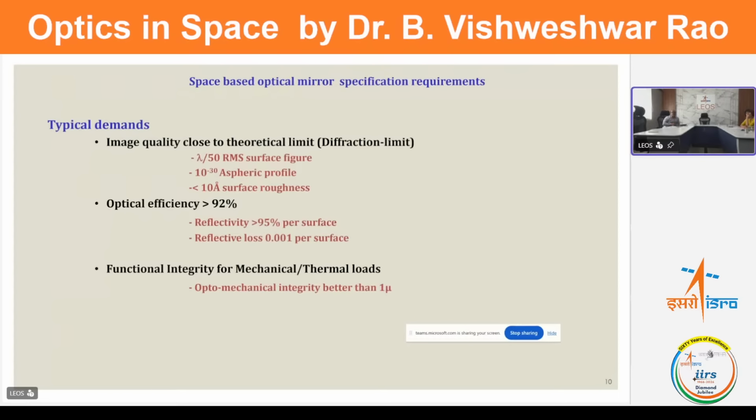The optical surface roughness should be less than 10 angstroms, and the overall optical efficiency of the system should be greater than 92%. The functional integrity of the mechanical structure, when going through thermal loads, means the opto-mechanical integrity should be better than 1 micron. These are the critical requirements demanded of space-based optical telescopes.